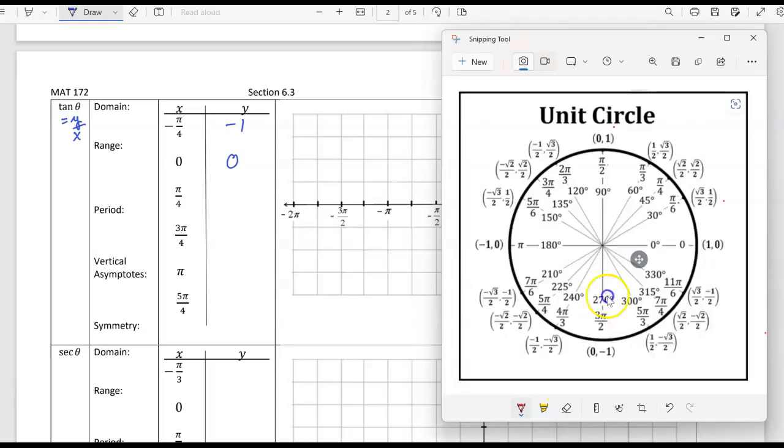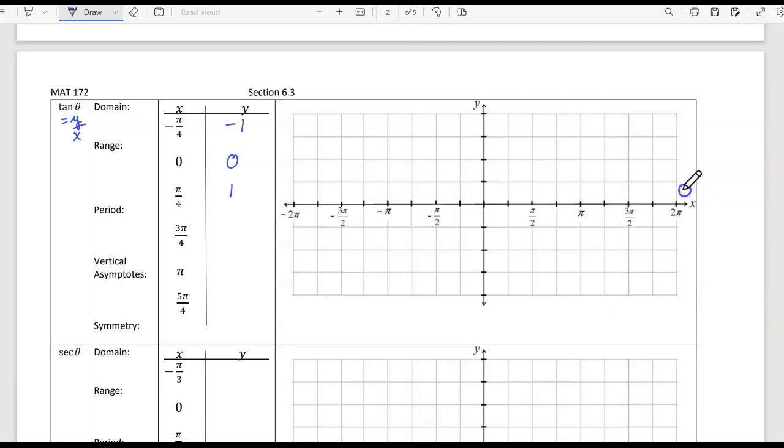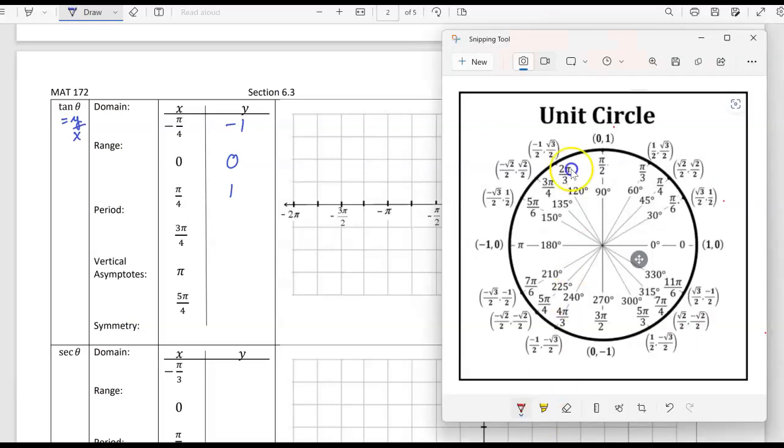Tangent of pi over 4 would be y over x, square root of 2 over 2 divided by square root of 2 over 2 is 1. Tangent of 3 pi over 4 here, y over x again is going to give us a -1.